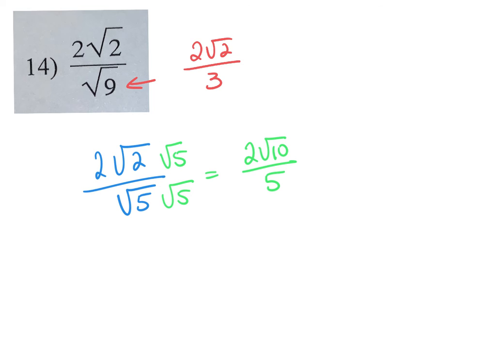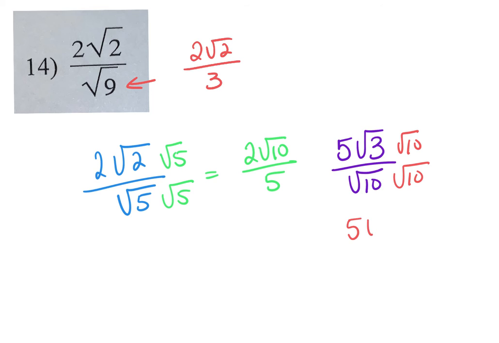Now, let's say, however, that I had something like 5 square root of 3 over the square root of 10, all right? Let's say I have this. Nothing can reduce here either, and 10 doesn't have a root. So what do I need to do to the denominator? I need to rationalize it, right? I need to do this.